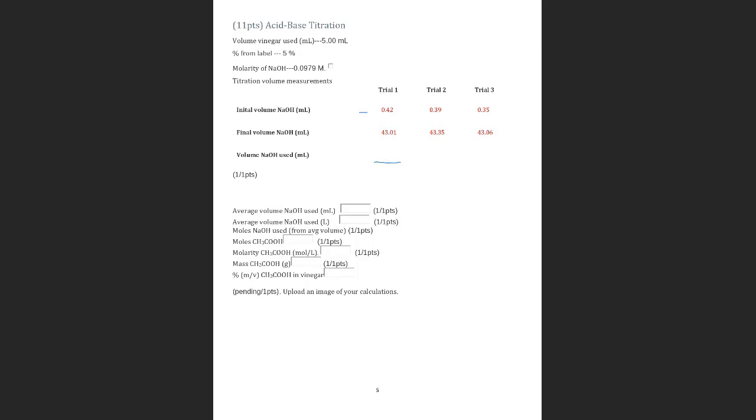So they are giving you an initial volume and a final volume. And how do you calculate the volume of the sodium hydroxide used? It's basically the difference, right? 43.01. Exactly. What number do you get? What should I write here?